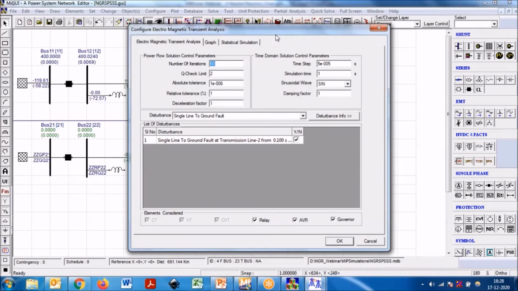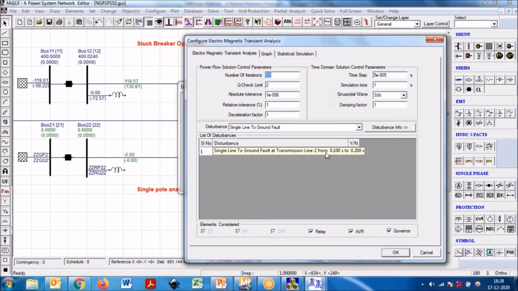So I'm just creating a single line to ground fault. This is a constant fault.